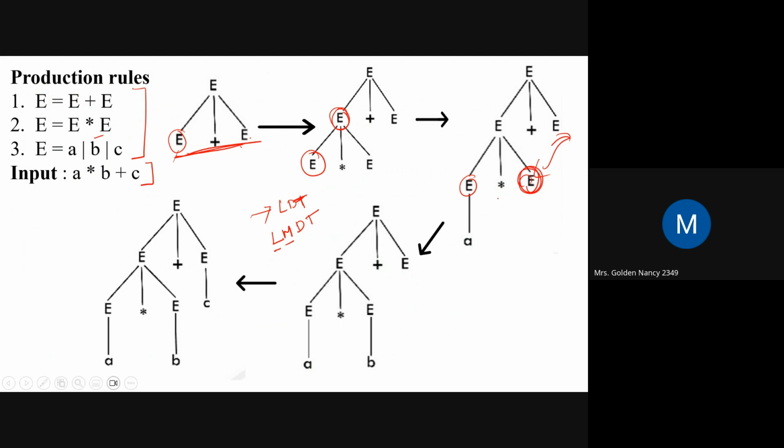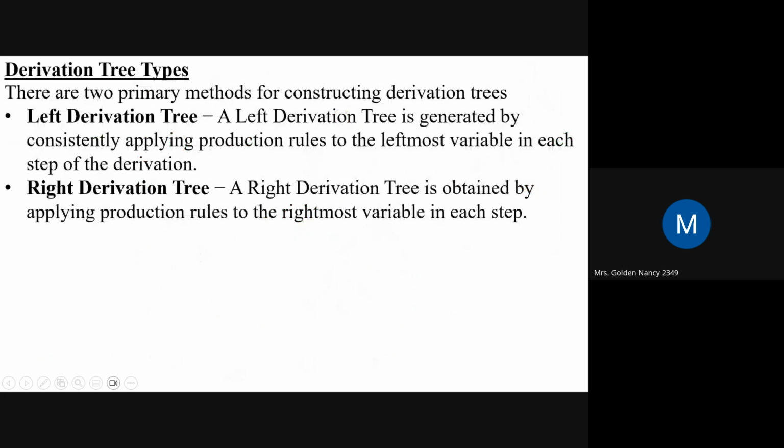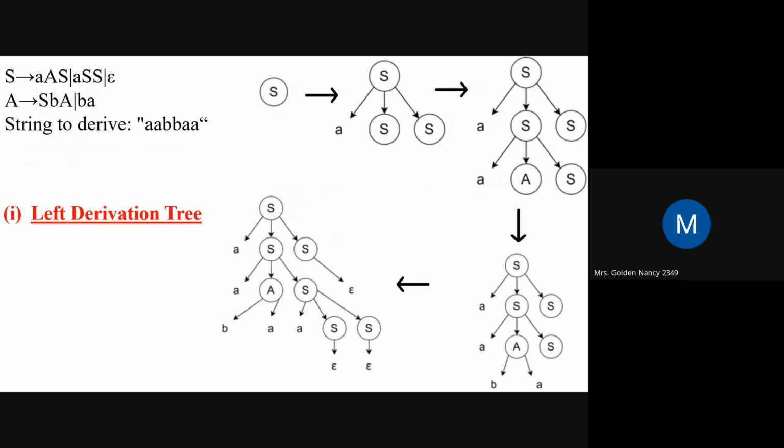So this is called a left derivation tree: if the derivation tree is generated by consistently applying production rules to the leftmost variable in each step of derivation. A right derivation tree is obtained by applying production rules to the rightmost variable in each step, and it is called a rightmost derivation tree. So this is an example.